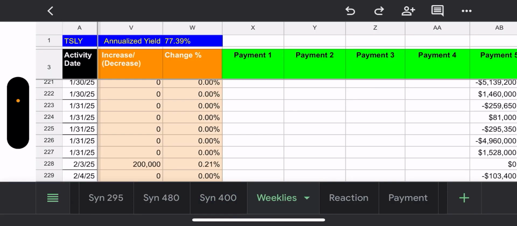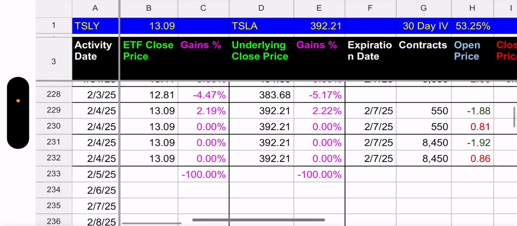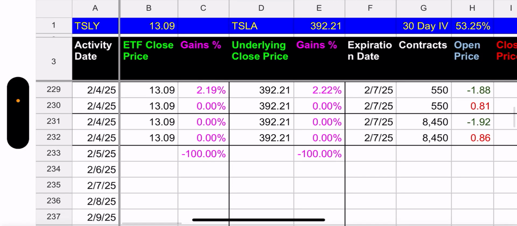So let's see what the damage was yesterday. TSLA went up 2.22%. Okay, that's good. Guess what TSLY did? It went up 2.19%. You know what that means? We captured the majority of the upside.